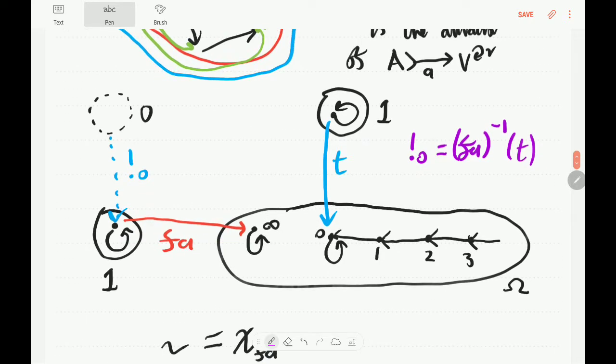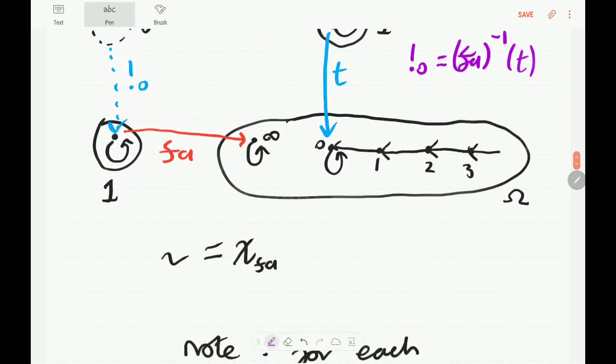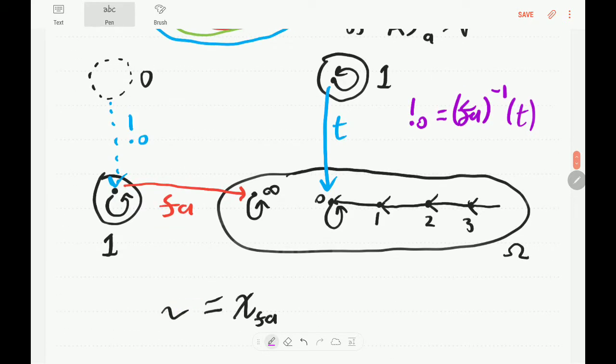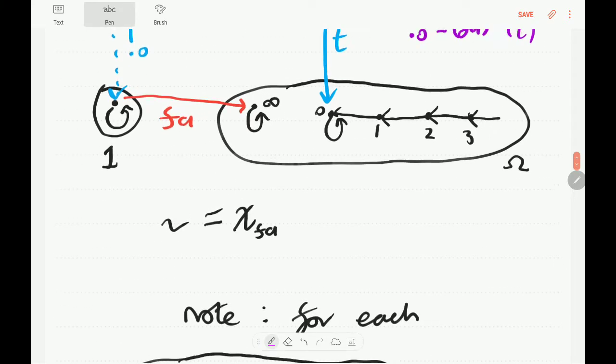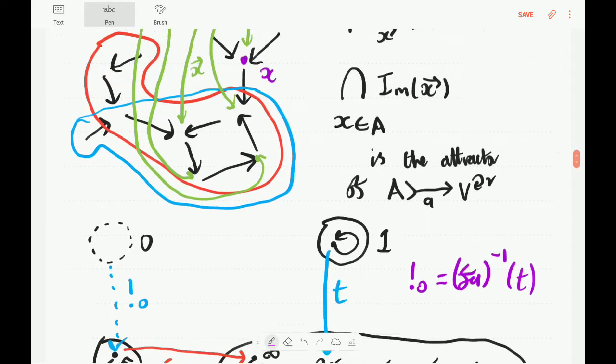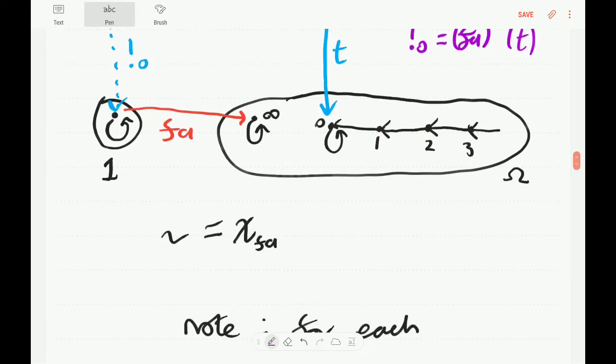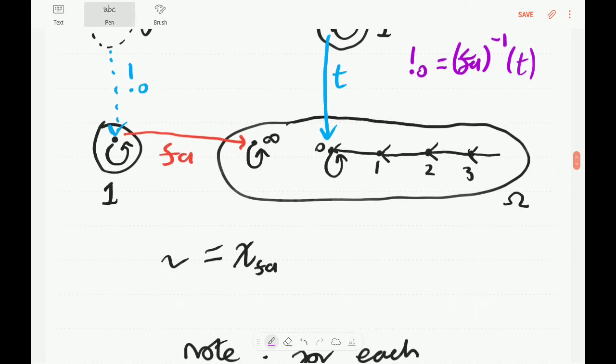False is the classifying arrow of the empty subobject of 1. Not is the classifying arrow of false. We got a picture of that somewhere, perhaps not.